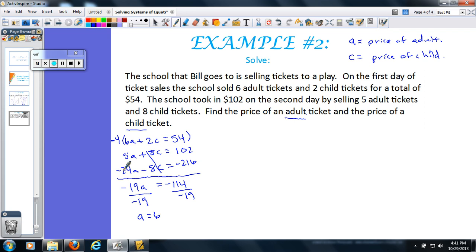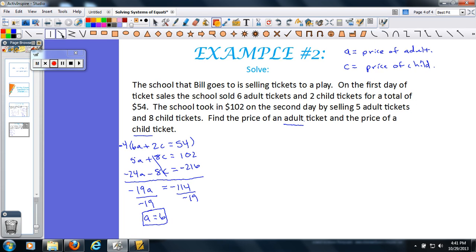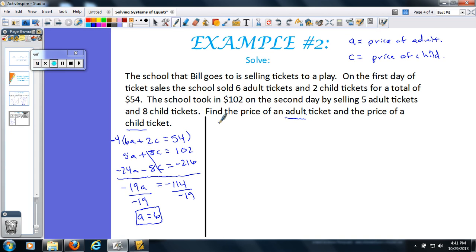Okay, so now I've got A equals 6. I'm going to plug it back into one of my first 2 equations to find C. Let me make a line here to start my new bit of work. So I've got 6 times 6 plus 2C equals 54.